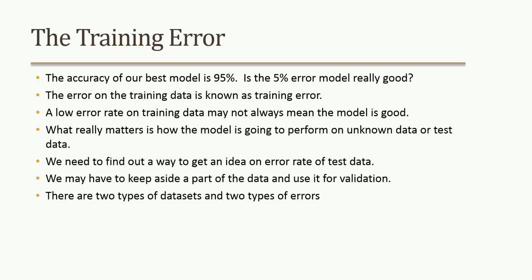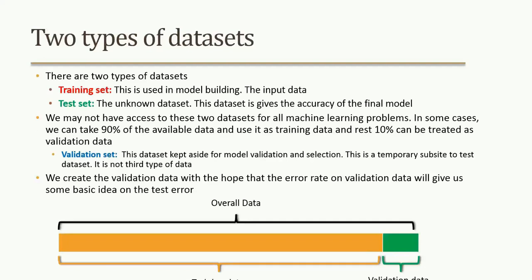Then if the model is still doing well on that unknown data, or the out of time data, or the validation data, if it is still as accurate as on the training data, then we can believe the true predictive power of the model. So there are two types of data sets and two types of errors. One is the training data set, that is the actual model input data.